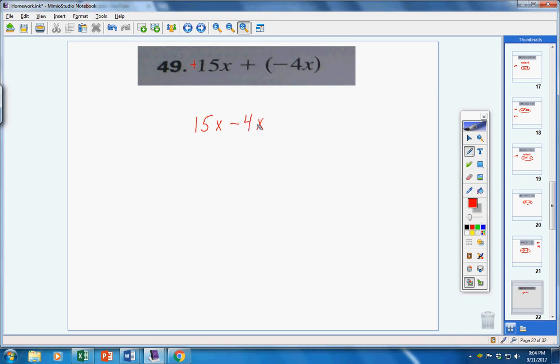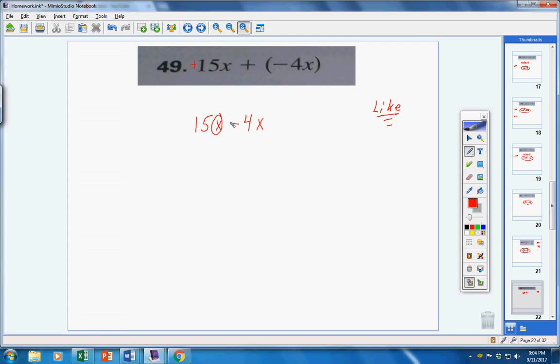Okay? Now, this is an x term, this is an x term, so they are like terms. Remember, if this x would have been x squared, then they would not be like terms, okay? In order for terms to be like, they have to have identical letters in both terms, okay?